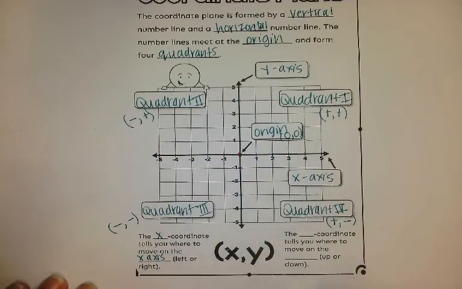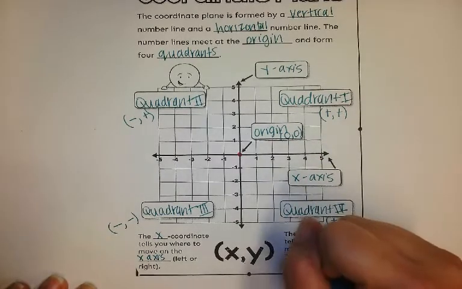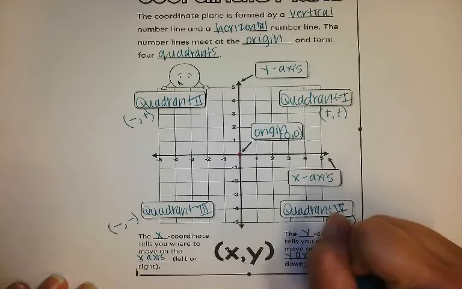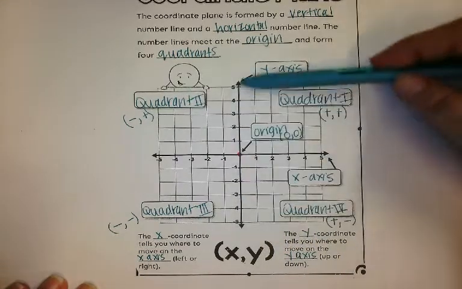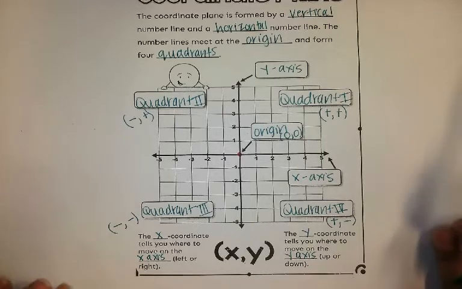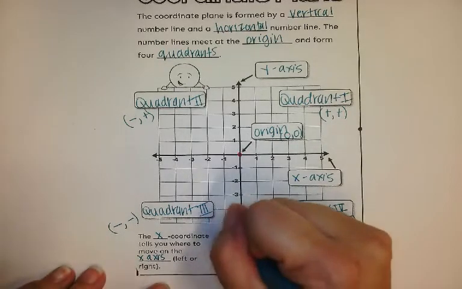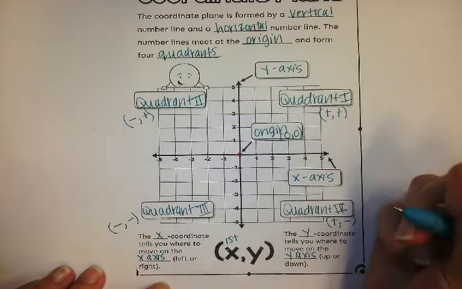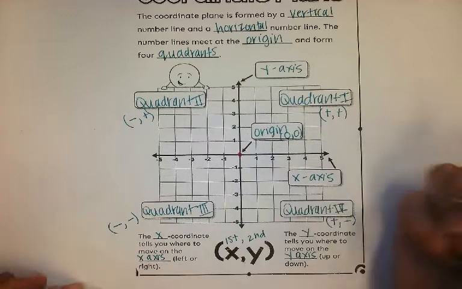The y coordinate tells you where to move on the y-axis, and because the y-axis is vertical, you'll move up or down, depending on if it's a positive number or negative number. And here's our reminder that x is always listed first, y is always listed second.